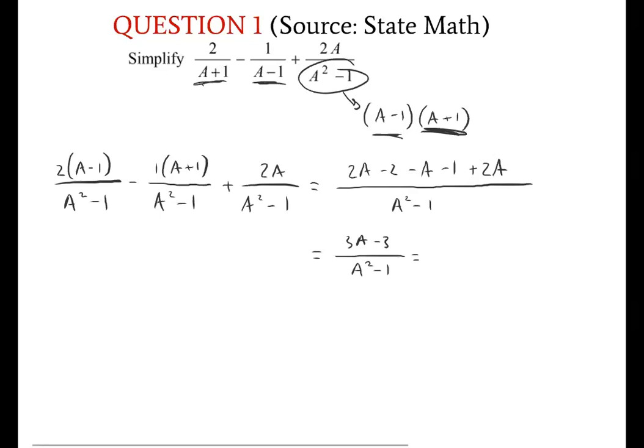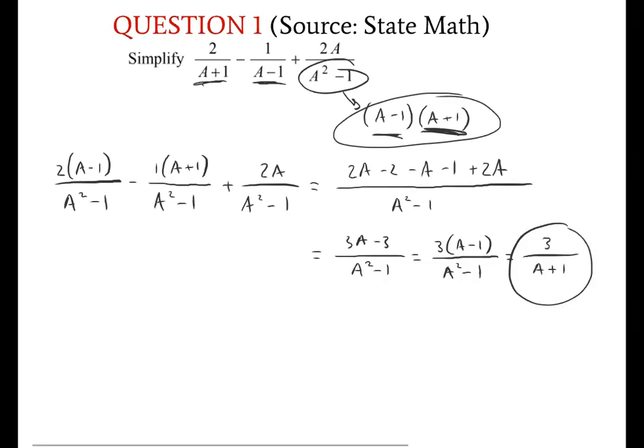If we take out the 3 from the numerator, we'll get 3 times a minus 1 over a squared minus 1. We know that a squared minus 1 is just this expanded, so we can divide everything by a minus 1 to get 3 over a plus 1 as our answer.